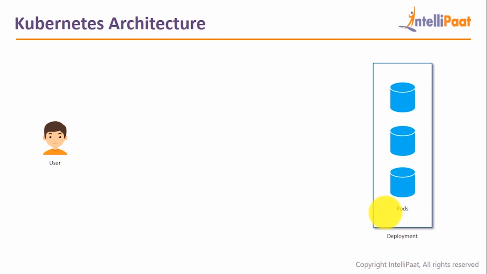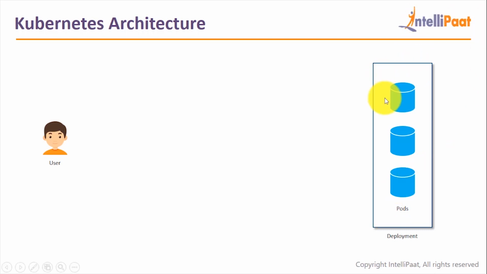And for those very reasons, we have pods. So usually pods have a single container, but like I said, there could be a situation where you have a container which cannot exist without another container. And in those cases, you deploy multiple containers inside a pod, right? But for the sake of simplicity, you can understand that a pod is nothing but a container, right?